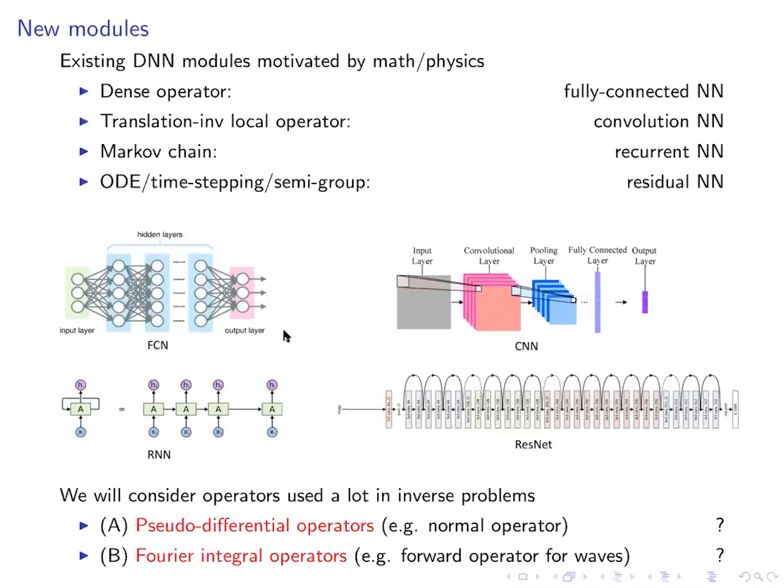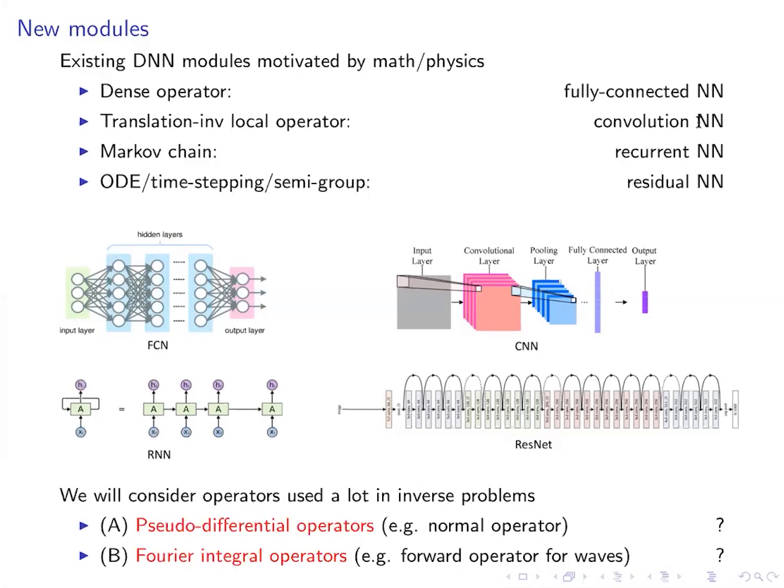If you take a look at all the successful neural network modules or neural networks that people have used in the literature, in some sense, there's always some mathematics and physics behind it. On the right-hand side, I listed the important neural network modules: fully connected neural network, convolution, recurrent neural network, and residual neural network.